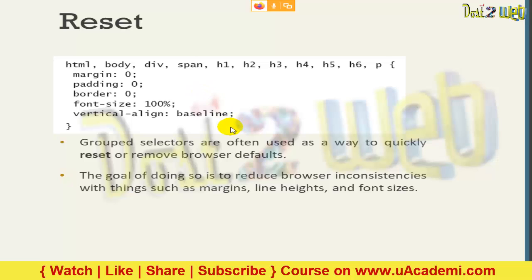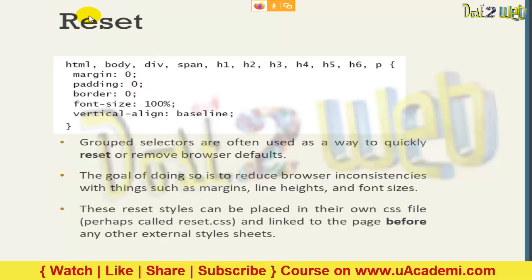You have seen in the previous example, when you use the paragraph, by default some font size will come and some font face will be there. Now we have to reset. I don't want the browser style to appear on my HTML document. I want my own font size, font face, the vertical alignment, margin, padding. Then you can use this way. So that's why it is called reset.